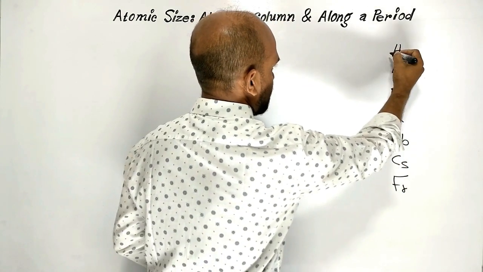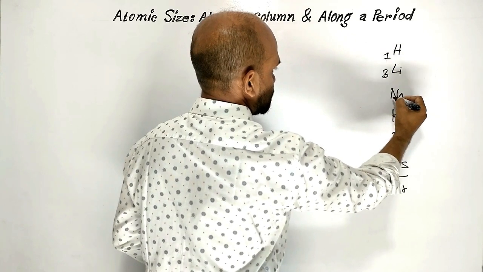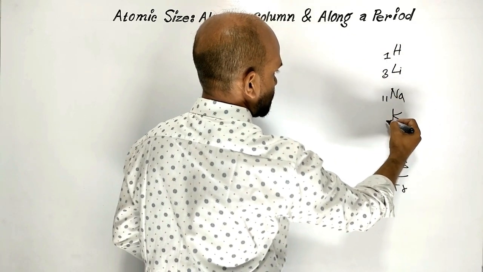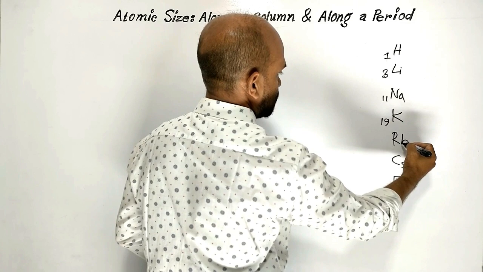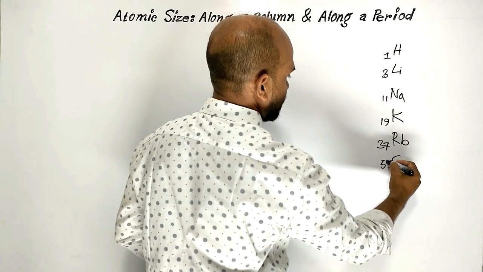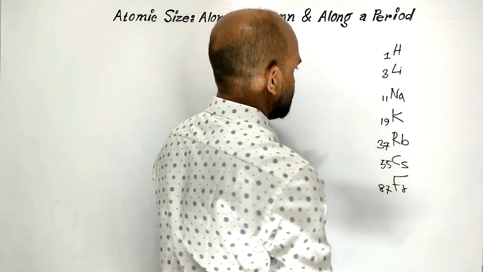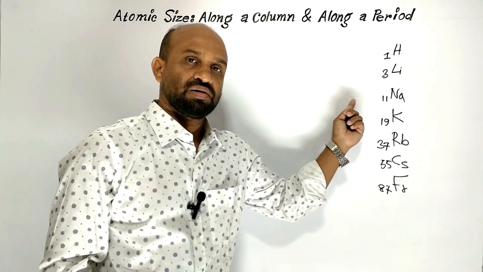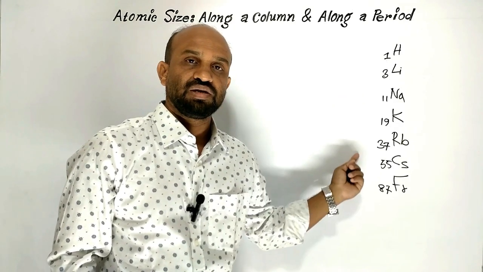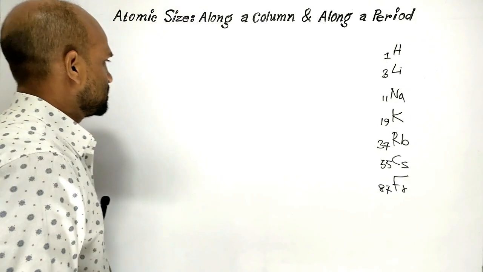Atomic number of hydrogen is 1, lithium 3, sodium 11, potassium 19, rubidium 37, cesium 55, francium 87. We learned that atomic sizes increase from top to bottom. Let's see the reason.